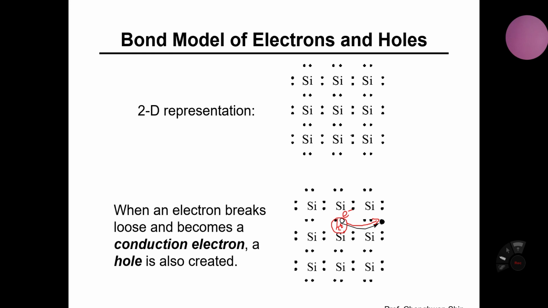The hole did not exist at all previously at 0 Kelvin, but at room temperature, one of the four outermost electrons has become a conduction electron. As a result, a hole is created. So this conduction electron and this newly created electron hole are created in pairs.